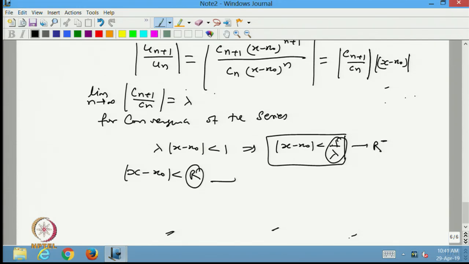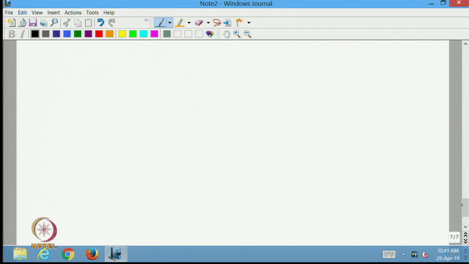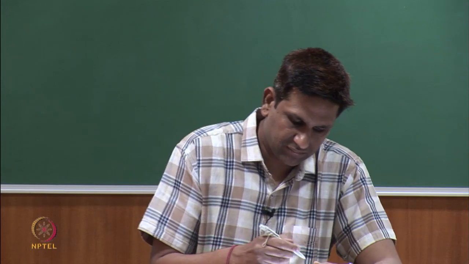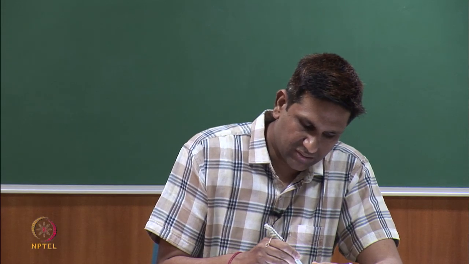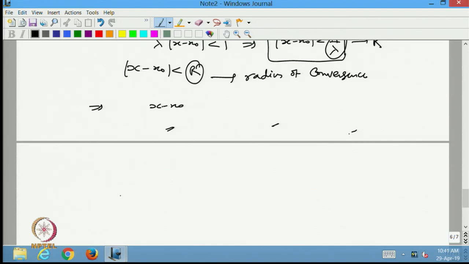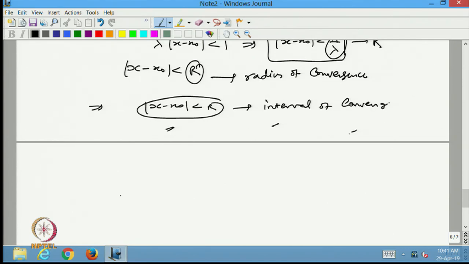So, this R is called the radius of convergence of this power series, and this x minus x naught, the whole range, is called the interval of convergence of the power series.